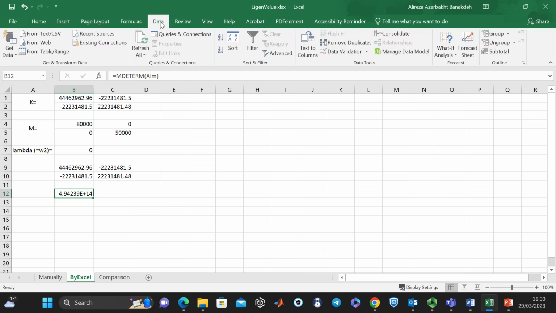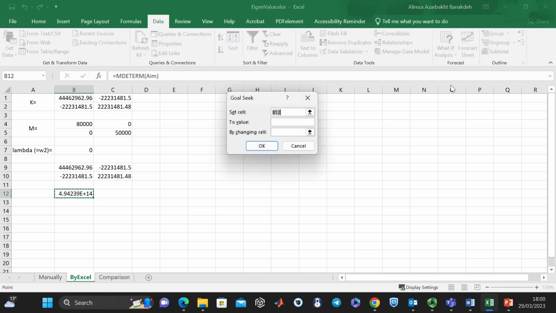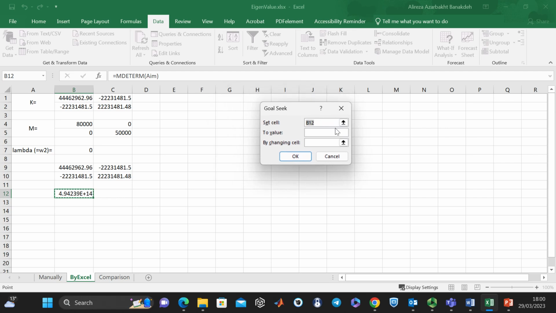If you go to the Data menu, there is a Forecast section, What-If Analysis. If you open it, there is Goal Seek. If you select Goal Seek, there are just 3 parameters you need to define, and it's very easy to understand what it is going to do.